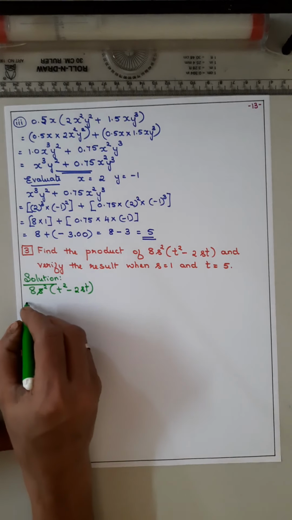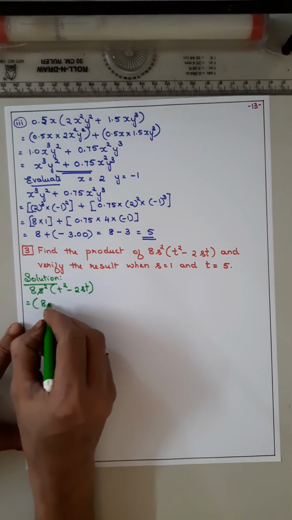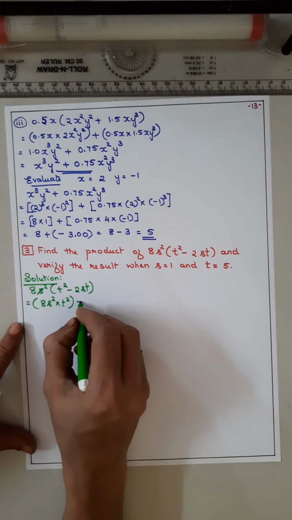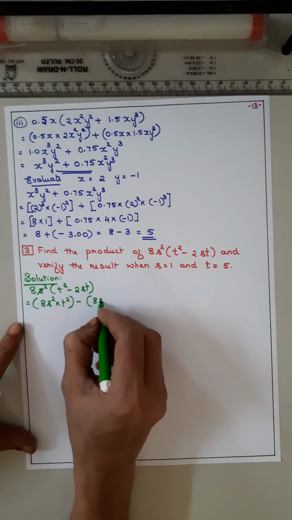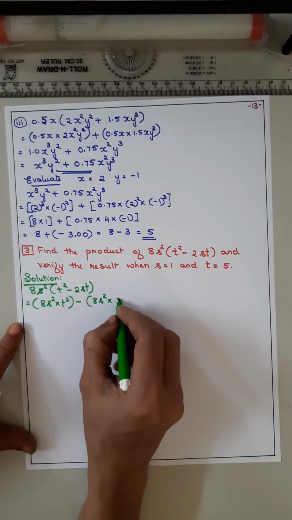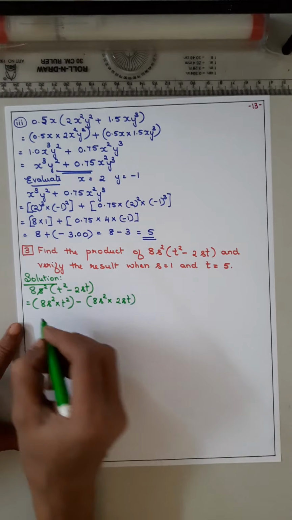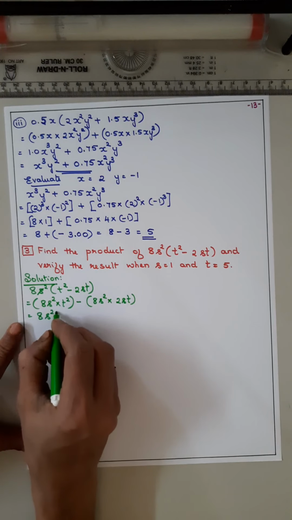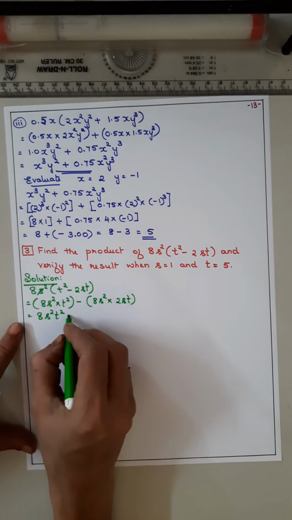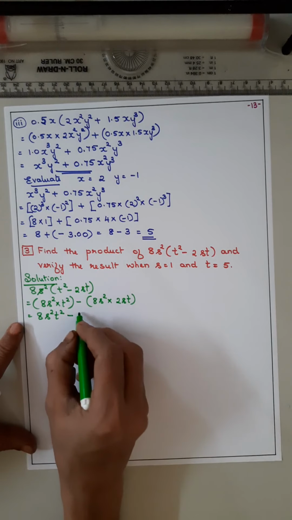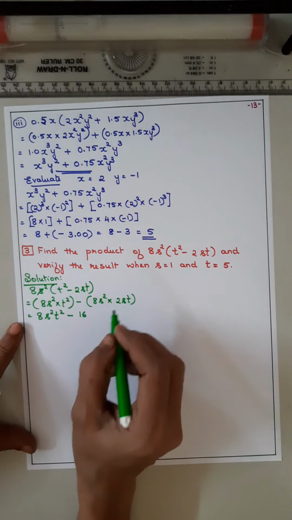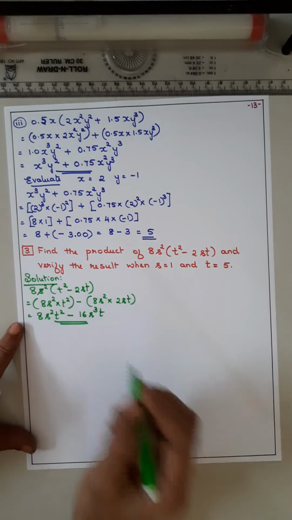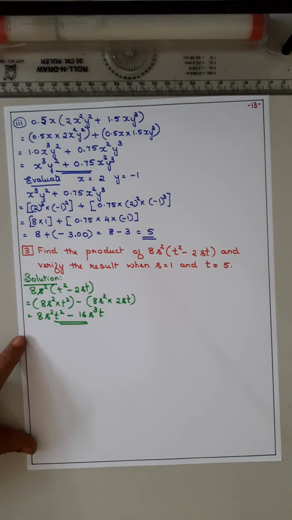Okay, first it will be bracket open 8s squared into t squared minus 8s squared into 2st. That means 8 ones are 8 s squared t squared minus 8 twos are 16. S squared s is s cube and t. So you got the answer, this much.